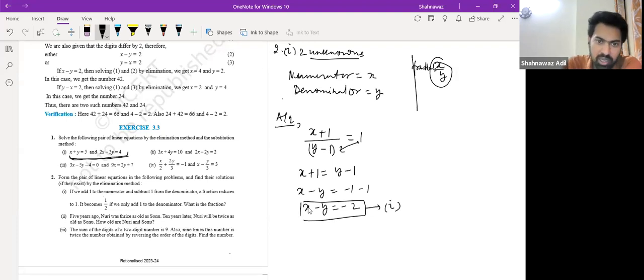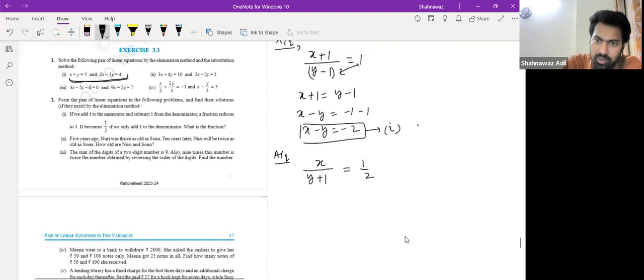And now what is the other information? So it becomes half if we only add 1 to the denominator. So the numerator is unchanged and the denominator is increased by 1. Right.